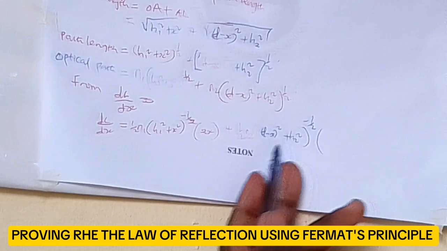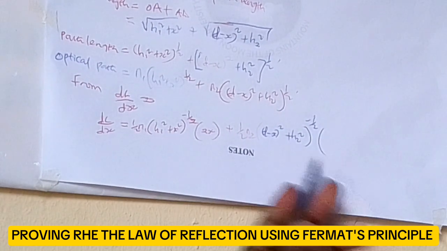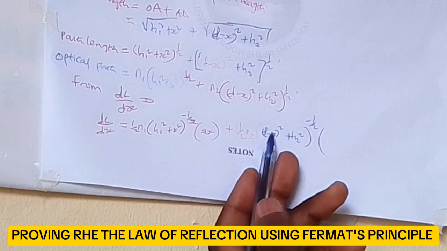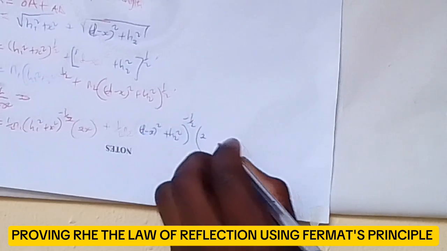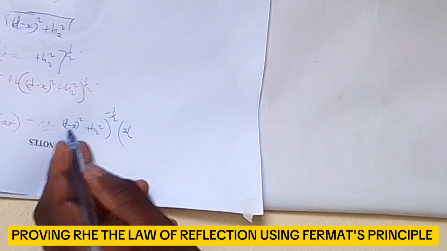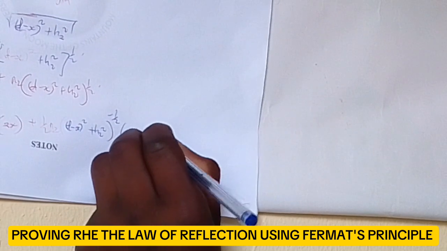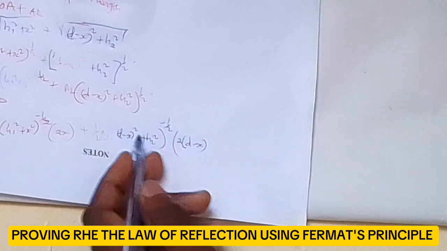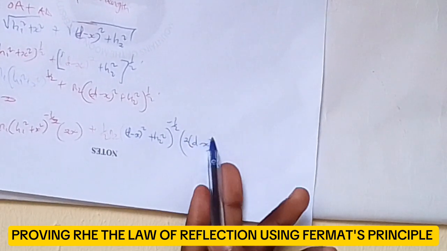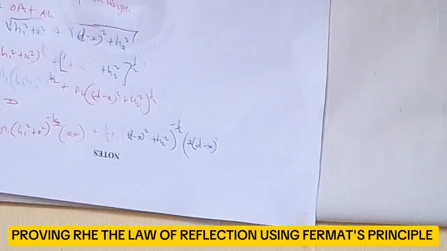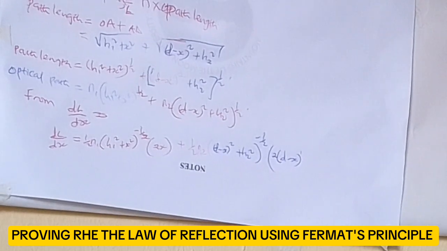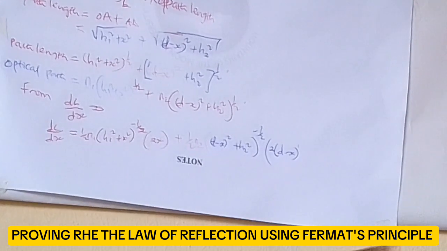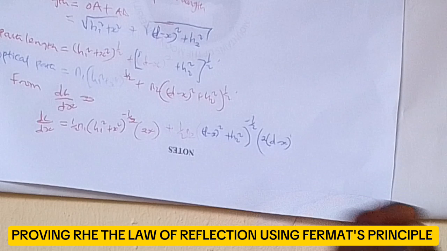Then we differentiate what is inside with respect to x. The derivative of this, we shall drop again the power, which is 2. Reduce the power by 1, which is d minus x. Of course, 2 minus 1 we shall remain with 1 here. This is power 1. After that, the derivative of h2 squared is 0, because it is a constant and we are differentiating with respect to x.